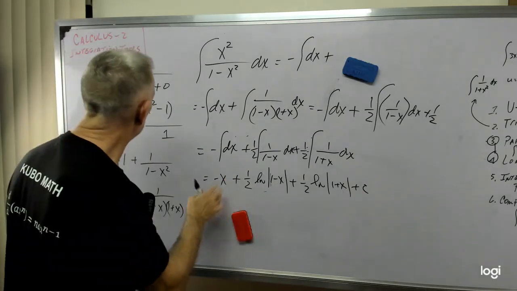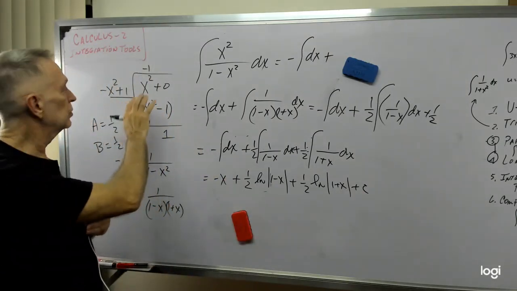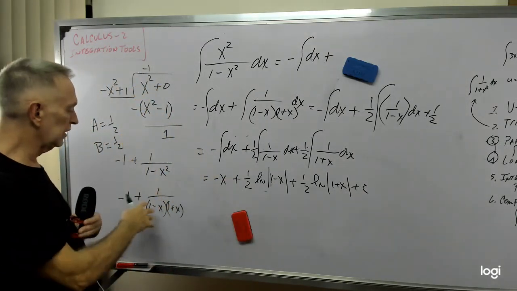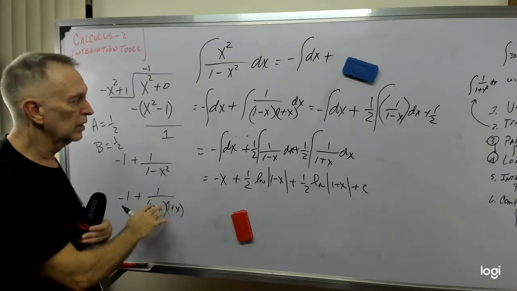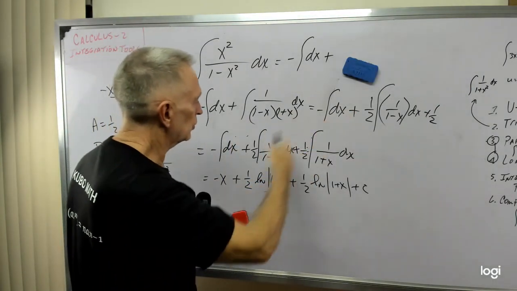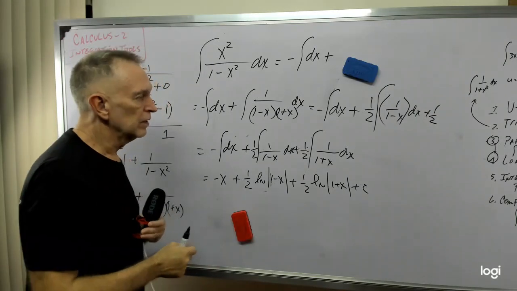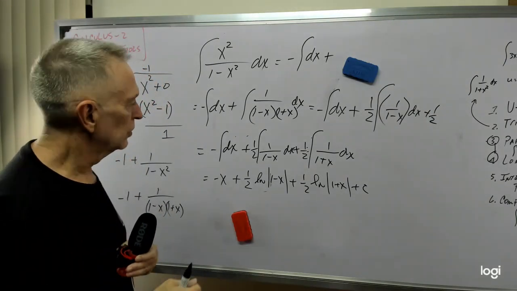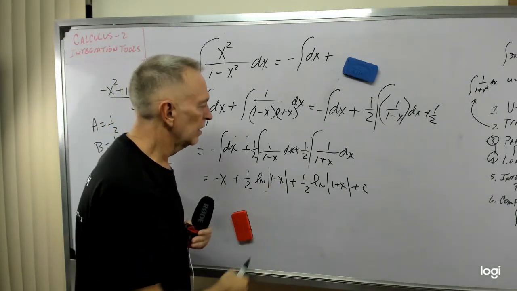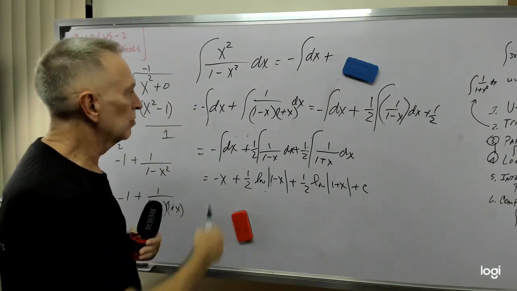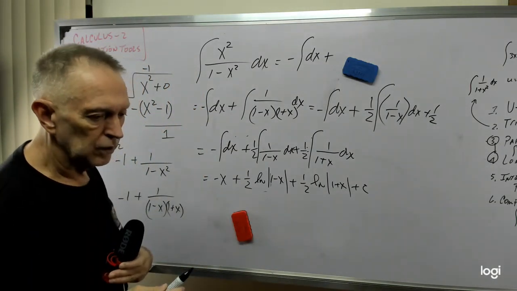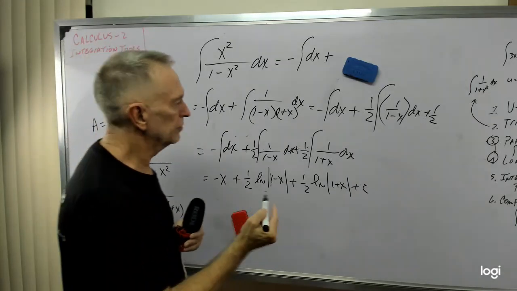So this is how you would use long division to reduce the power, to put it into something you can work with. And then this was just a general use of the partial fractions to be able to solve the resulting power reduction.